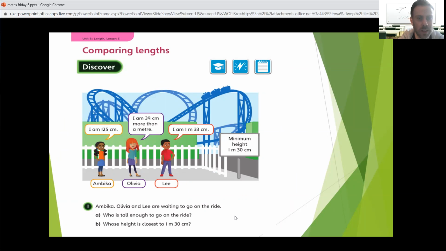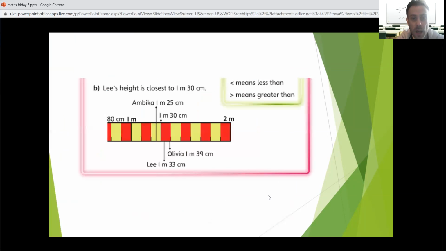All right, so we had to decide which child was the closest to 1 meter 30 centimeters. The best way of doing it was to think about 1 meter 30 and each child's height, and then count on. So 1 meter 25 for Ambika, that means she must be 5 centimeters away. Lee was 1 meter 33.